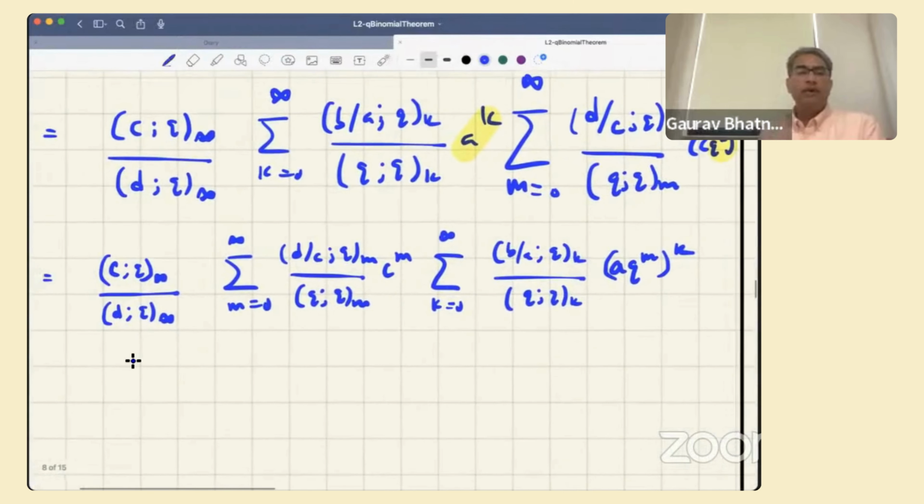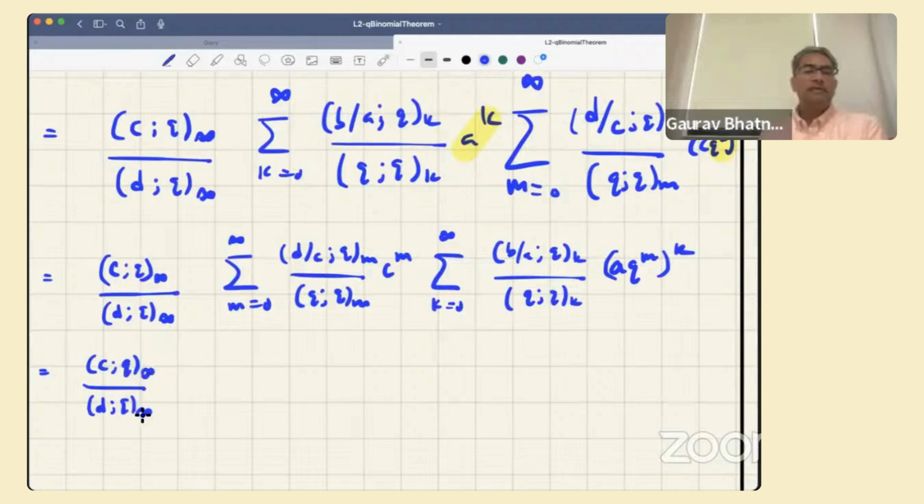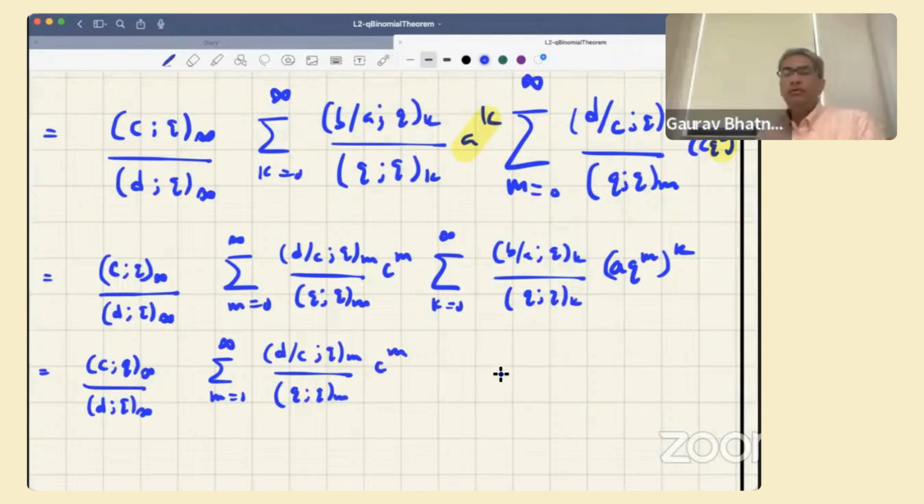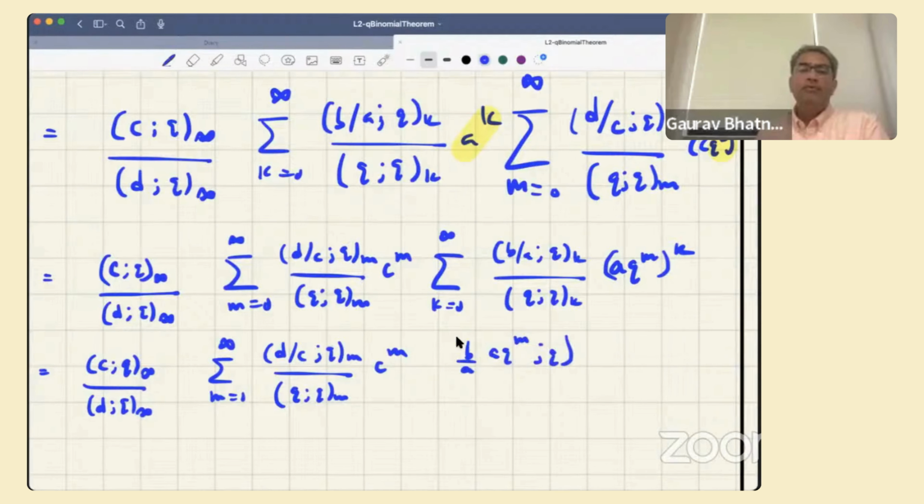Again, we can use the q-binomial theorem on this last sum. If we use it here, we will get (b over a times a q to the m;q) infinity over (a q to the m;q) infinity.